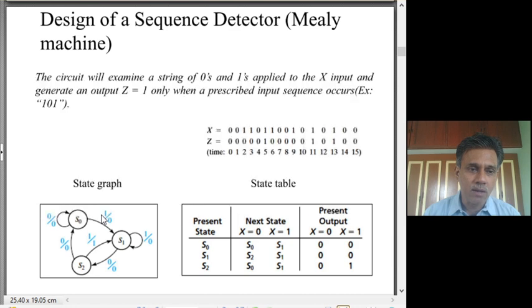Now we have got a 1, 0, and then if we get again a 0, what do we do? Unfortunately, the last bit of a possible pattern is 0, and therefore it is not a pattern. We cannot output a 1, the pattern is not detected. And where do we go? Should we go to S0 or S1 or remain in S2?